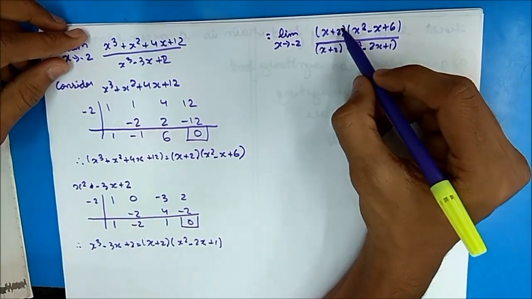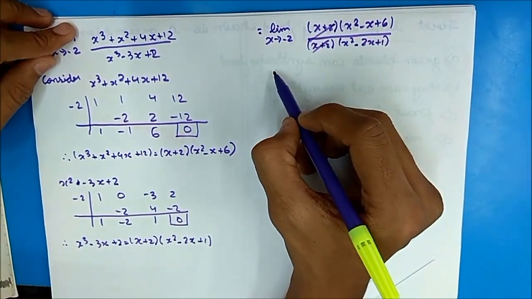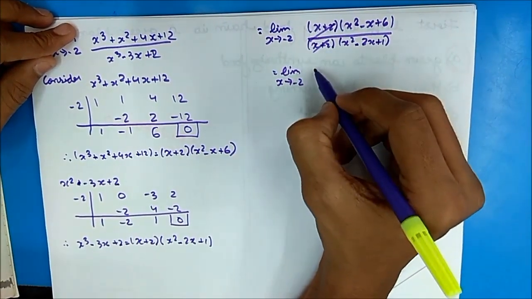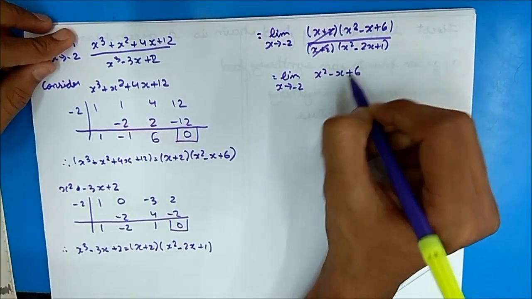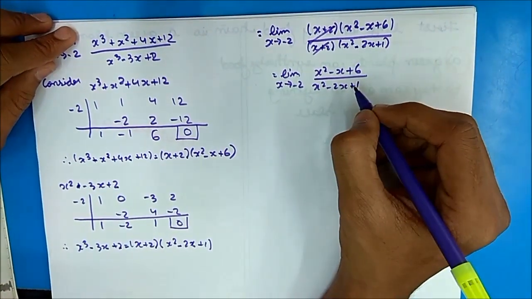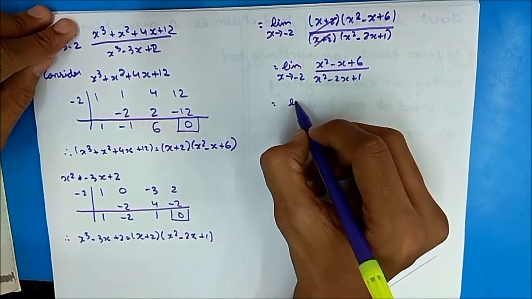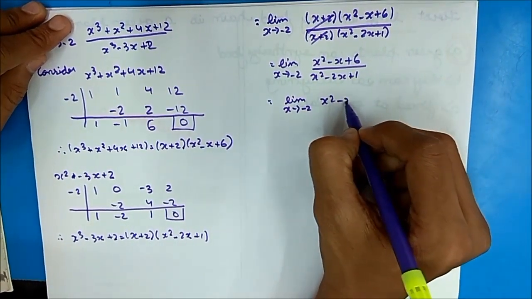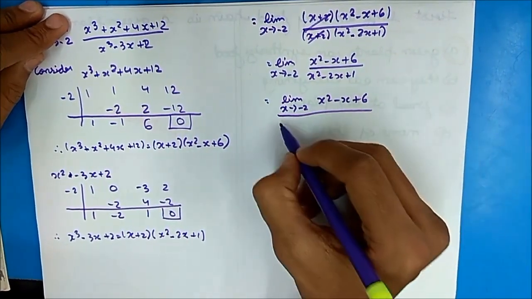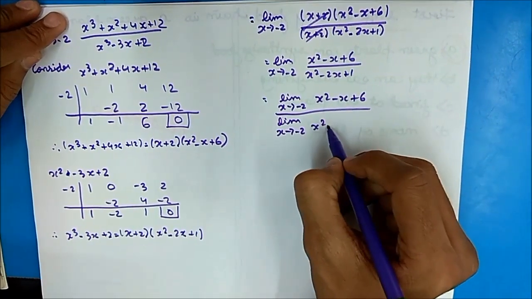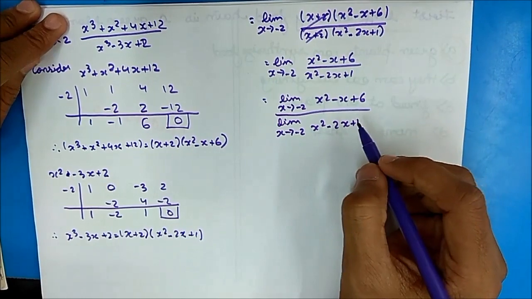We cancel out the common terms and we are left with limit x tends to minus 2 (x² − x + 6) upon (x² − 2x + 1). Then we distribute the limit: limit x tends to minus 2 (x² − x + 6) upon limit x tends to minus 2 (x² − 2x + 1).